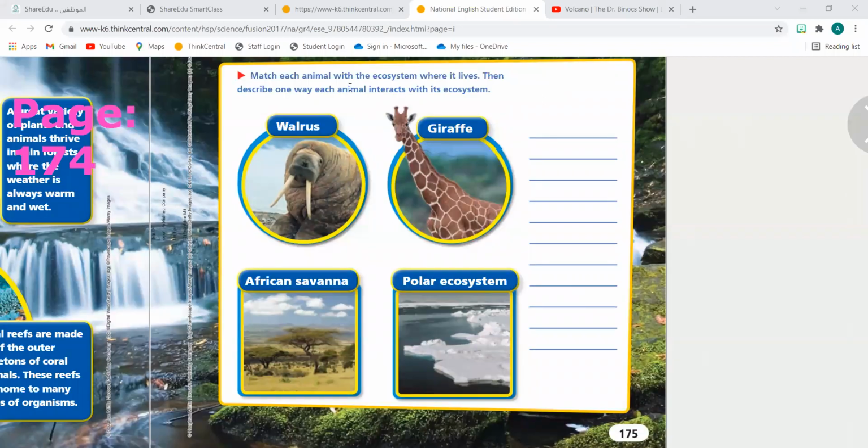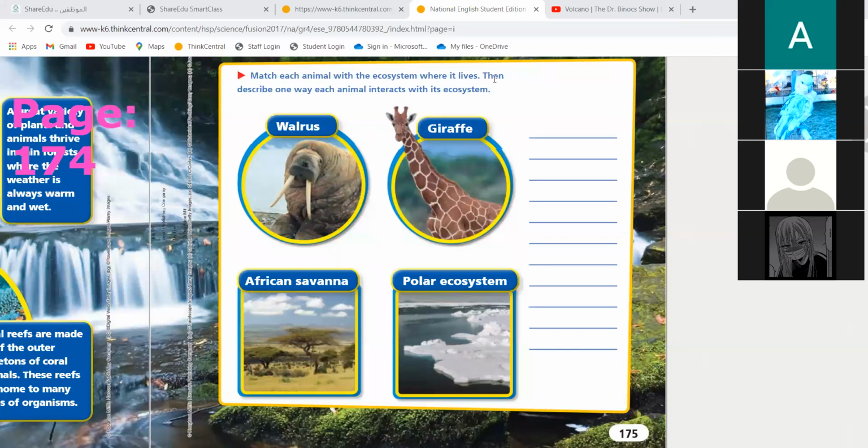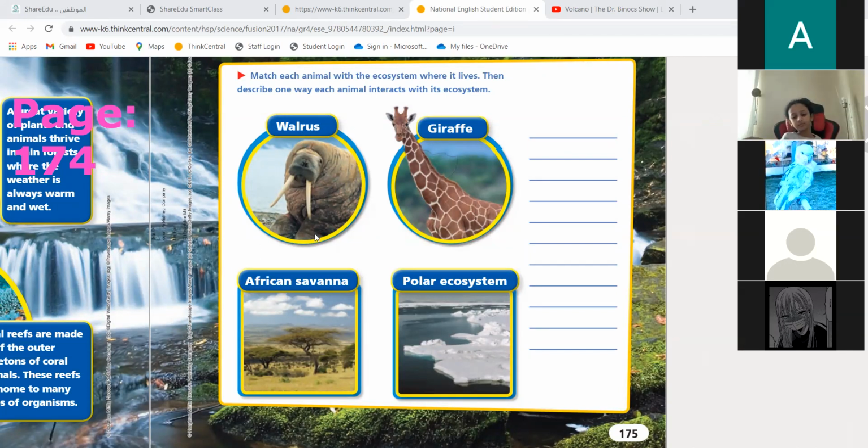Now, let's do this activity together. I want you to match each animal with the ecosystem where it lives. Okay? Walrus, where do you think a walrus would live? In which place? In the African savanna or the polar ecosystem? I think the polar ecosystem. Of course, it's in the polar ecosystem. What about the giraffe?